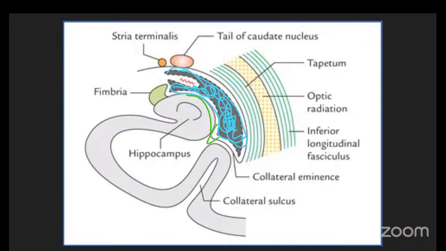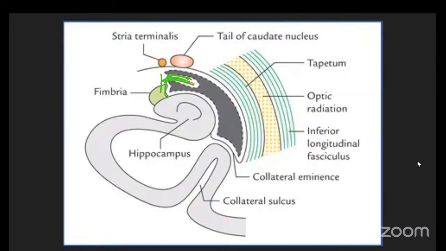The collateral eminence is going to be an elevation inside the temporal horn, and the roof and the lateral wall are going to be contributed by the tapetum, and then the optic radiation, and in some sections, there will be cuts of the inferior longitudinal fasciculus as well. This is the junction of the fimbria, and the choroid plexus is going to run somewhere here.